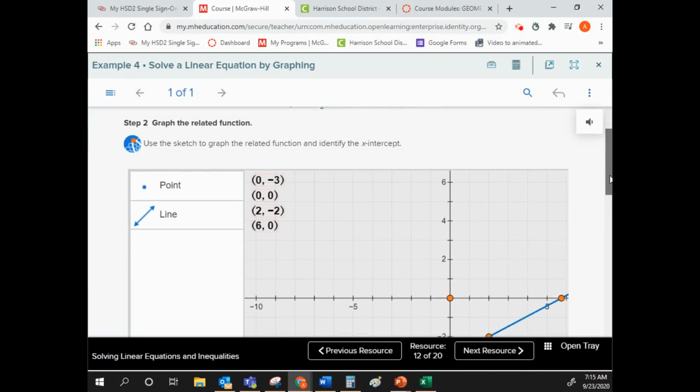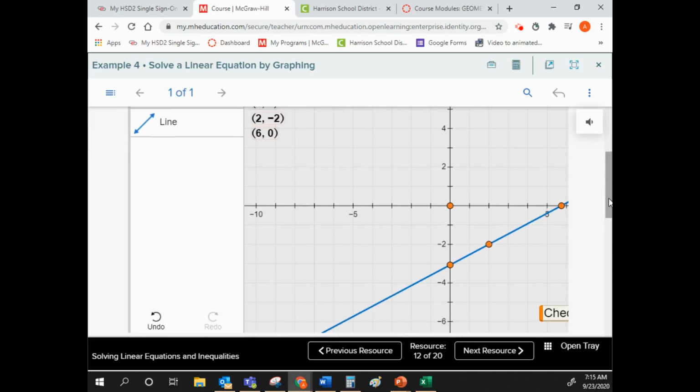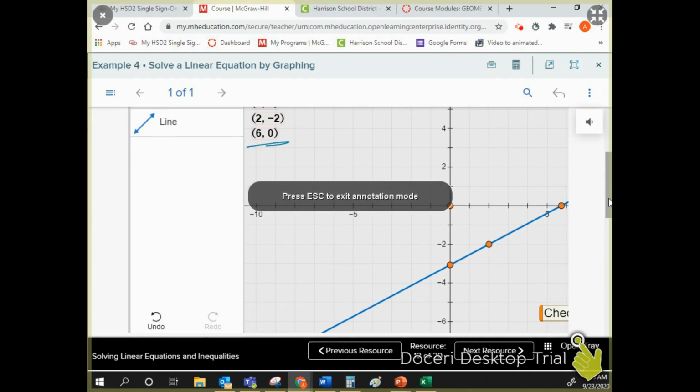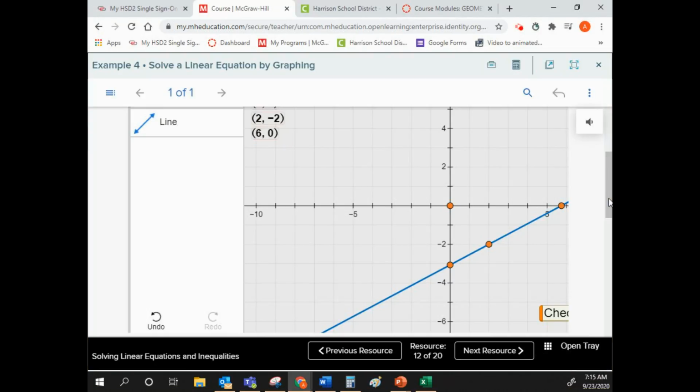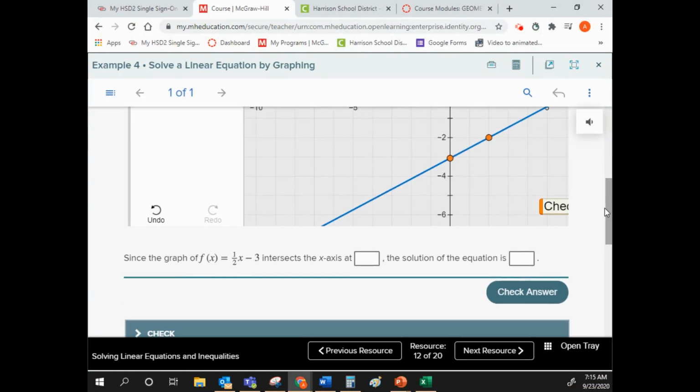This says that it is 6, 0, where we touch, right here. So this point is at 6, 0. Therefore, the solution to my problem, the answer that caused it to equal 0, it intersects the x-axis at 6. The solution of the equation, therefore, is 6.